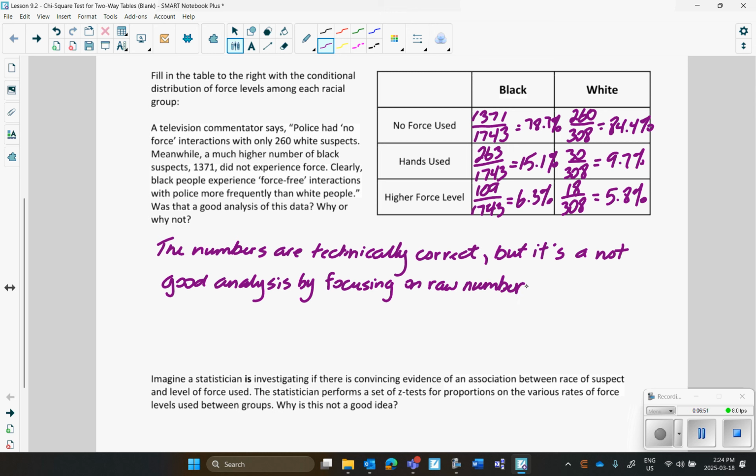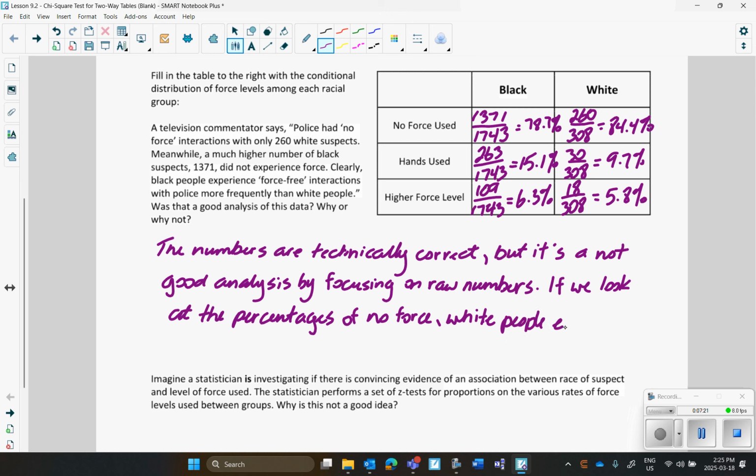Because if we look at the percentages of no force, white people experience a greater percentage of no force.